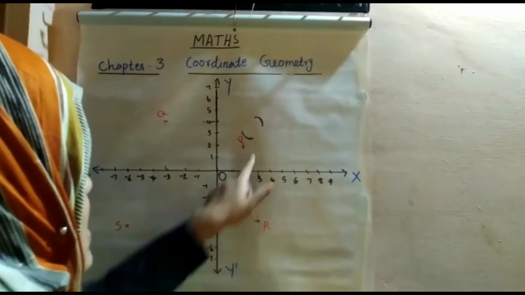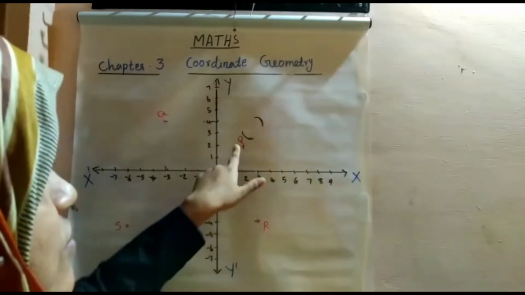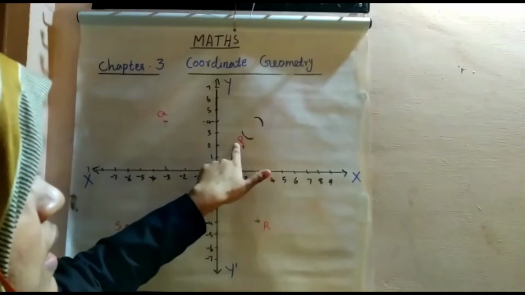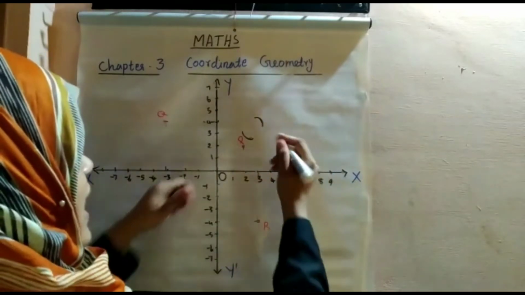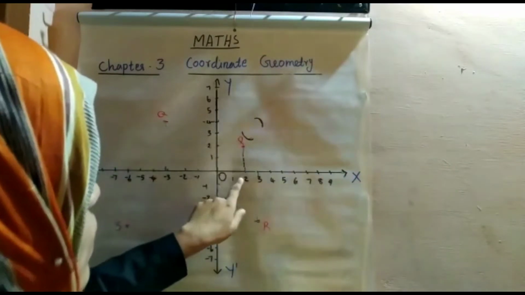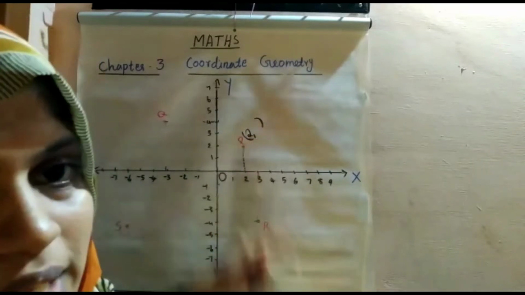First P. How to find the x coordinate for this point P? To find the x coordinate, draw a line to the x axis. So here 2. This 2 is the x coordinate of this point P.